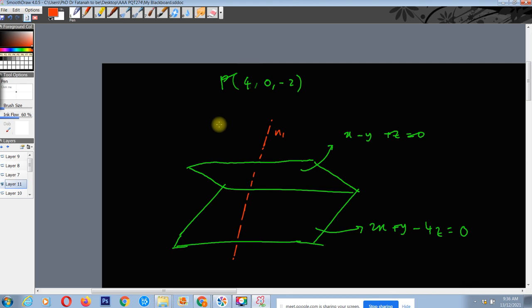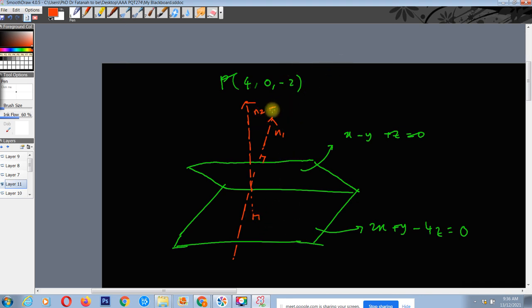And then we also have a normal for the other plane, which is N2, like this. This is N2, perpendicular to this.